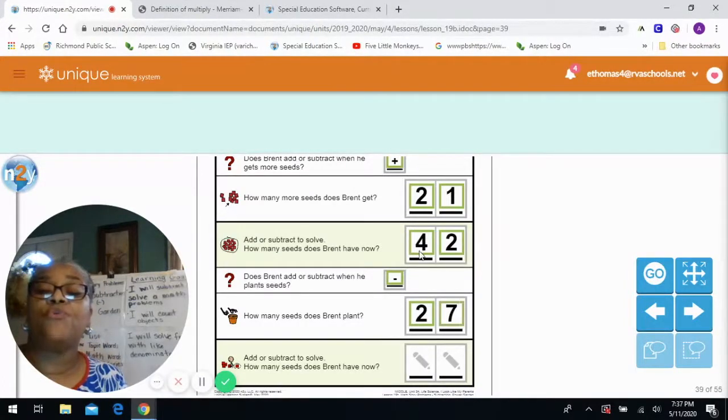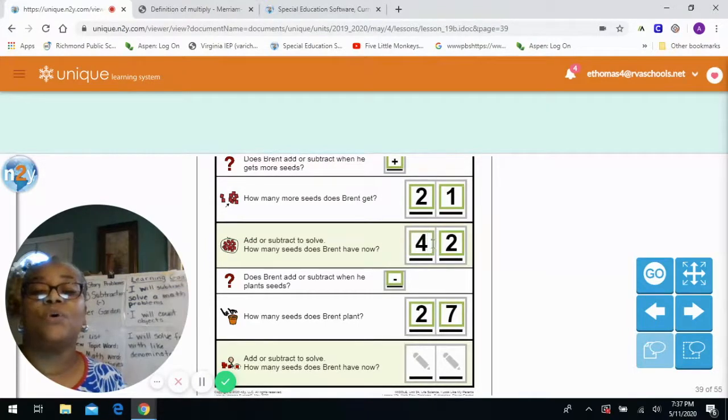Okay, so now we're going to start on this side. Can we take 7 from 2? No, we cannot take 7 from 2. So we need to borrow from the 4. We need to get how many from the 4? 2 or 1? We're getting 1. So that will become what? A 3. And this one will become a 12.